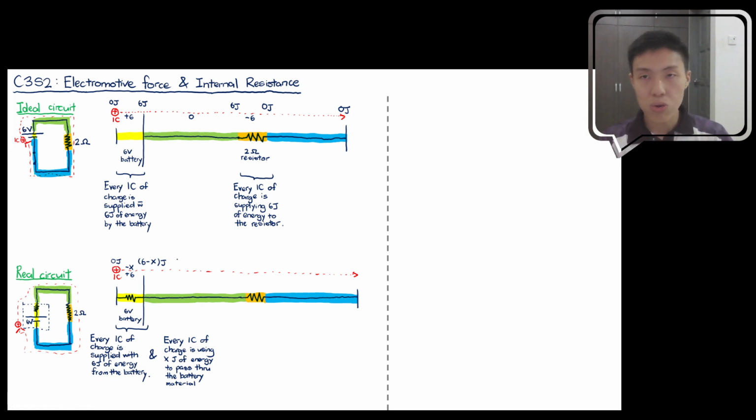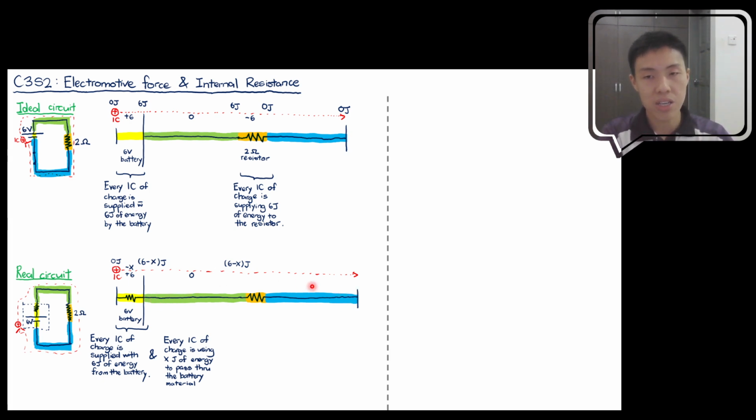Okay, so going through the connecting wires, nothing will happen. There will be no loss of energy to the charges, so you still arrive at the resistor with 6 minus X joule of energy as well. But you know that this is the only component that can take up energy throughout the whole external circuit. When I say external, it means outside the battery.